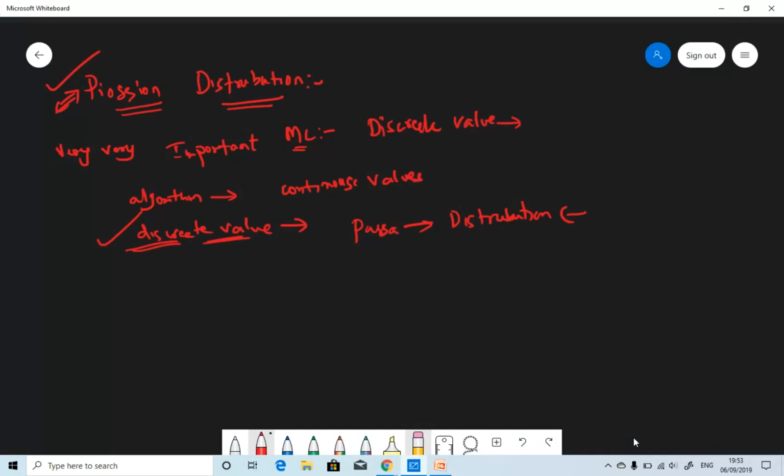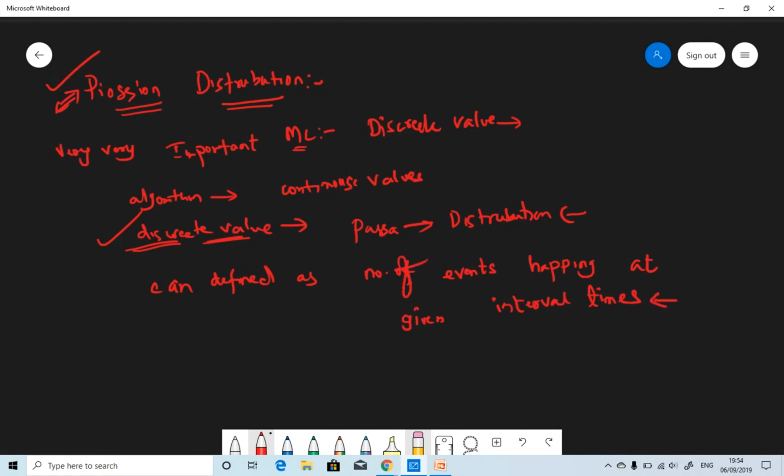The Poisson distribution can be defined as the number of events happening at a given time interval. Number of events happening at given time intervals. This is the Poisson distribution.